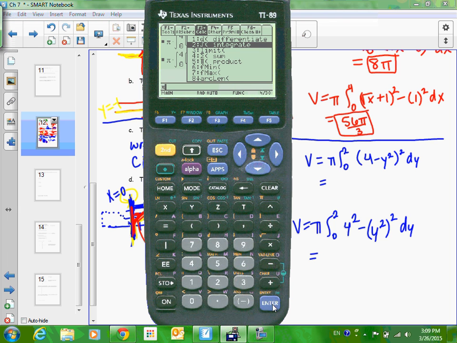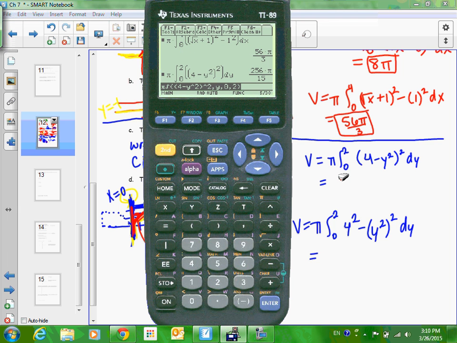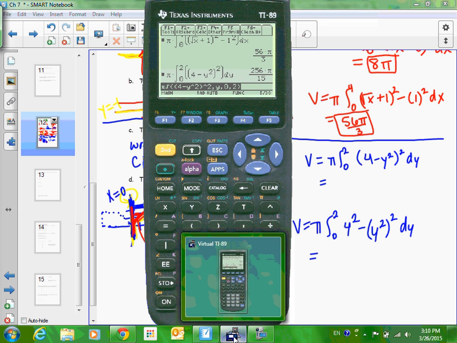So y'all in this class, don't just watch me type this in. I want you to actually type it in as well. Okay, 256 pi over 16. So you probably just wrote it down wrong.